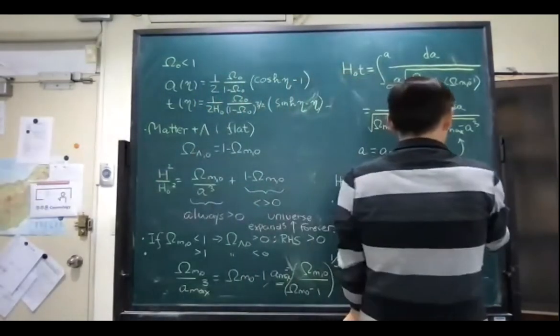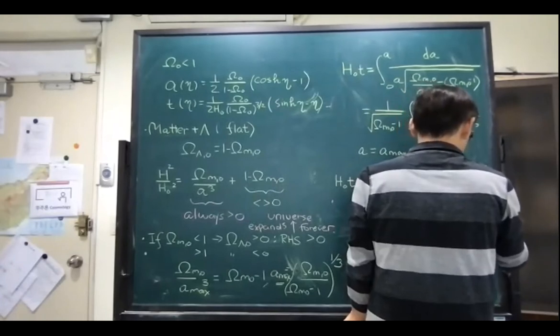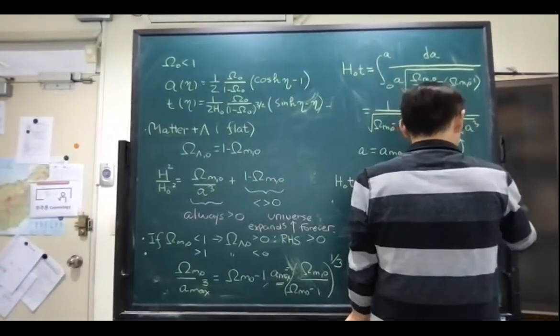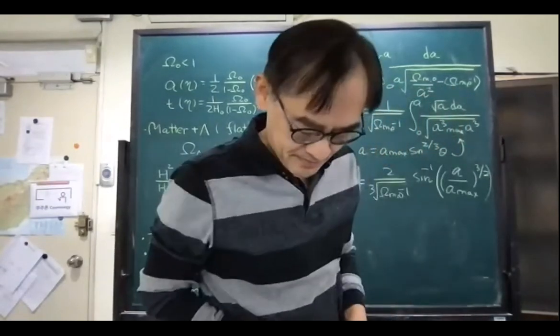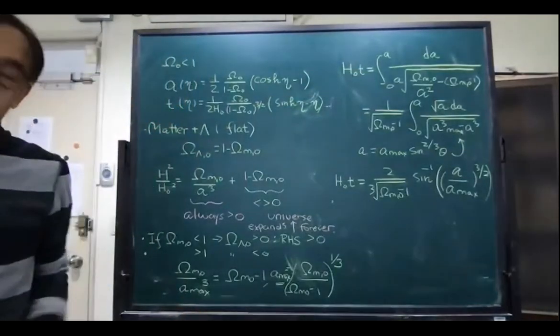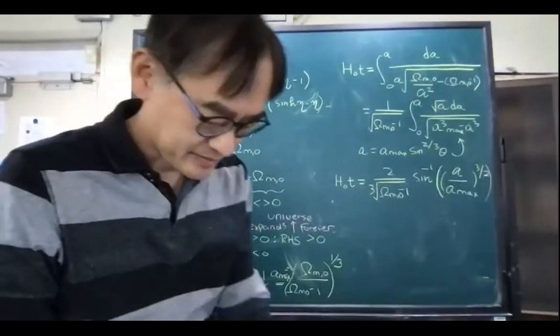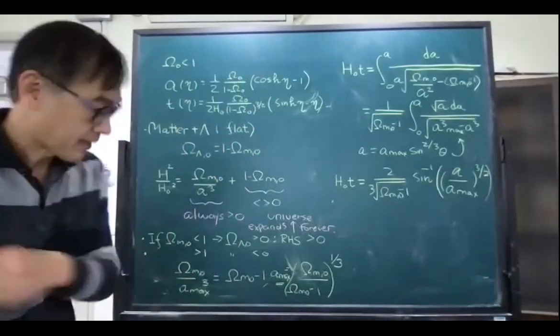And that is a over a max to the 3 over 2. Why is it complicated? I guess that's what it is.